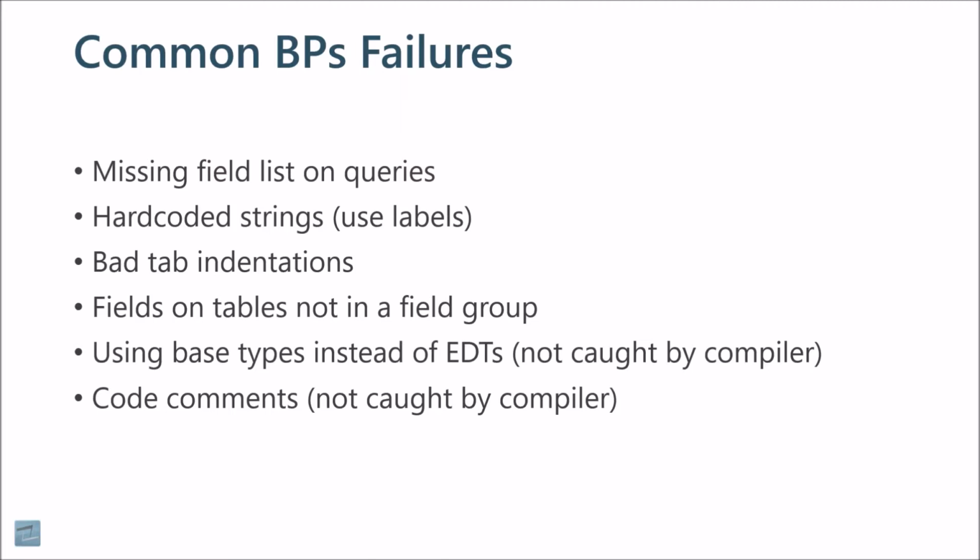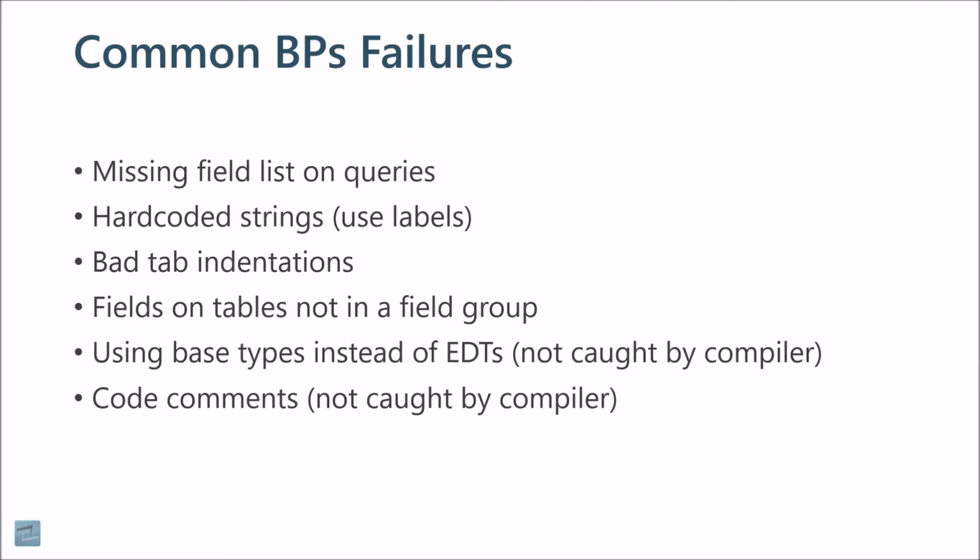Microsoft did ship quite a few in 2012. So you can ignore the ones that you didn't introduce, but you definitely want to go through and fix things like missing field lists on queries. You can actually get a really nice performance boost simply by fixing the queries that you've written to include field lists.